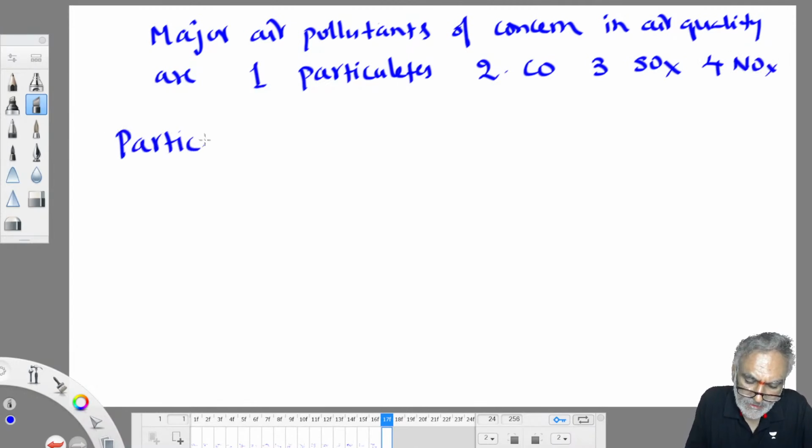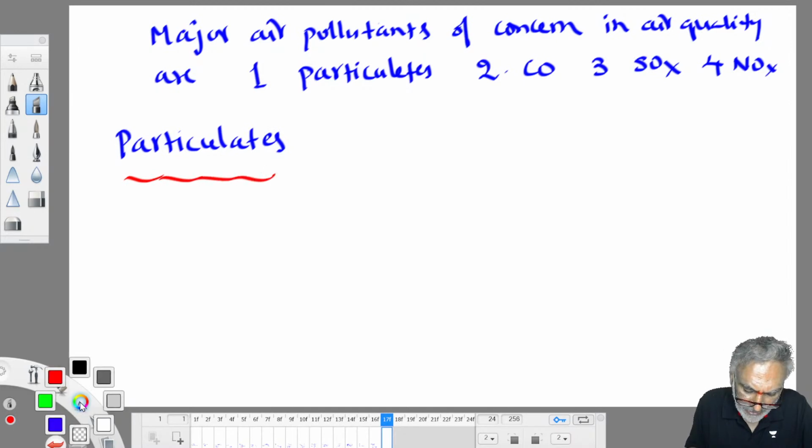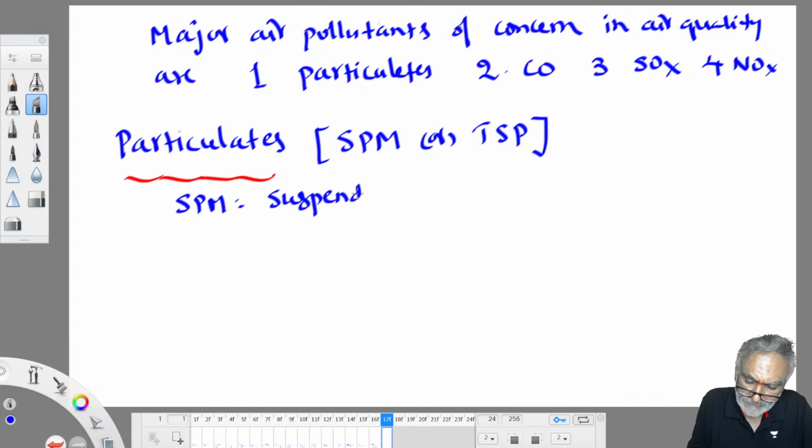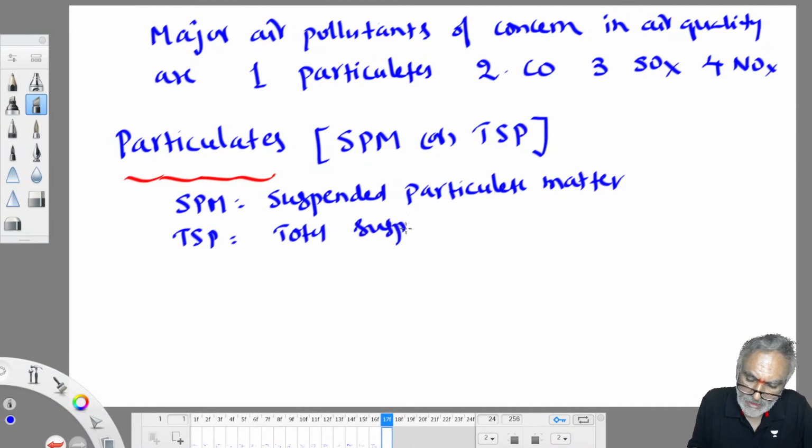Particulates are also called suspended particulate matter, SPM, or TSP. SPM means suspended particulate matter, like suspended particles. TSP means total suspended particles. They are suspended only.